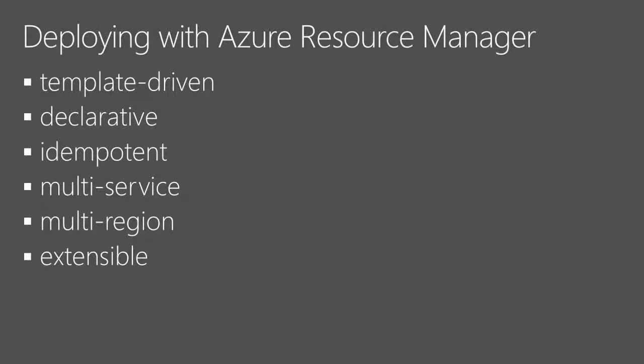Okay? So let's dig into what deployment looks like with Resource Manager. Number one is deployment is primarily template-driven. What we've heard is we want people to be able to consistently, quickly, and repeatably be able to deploy applications once again, many, many times.